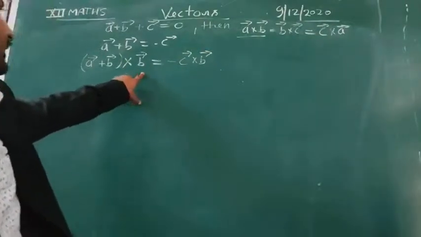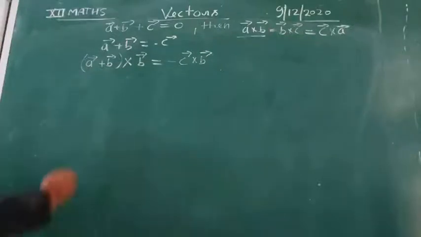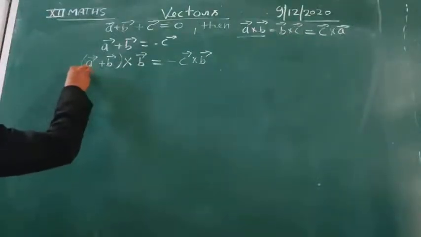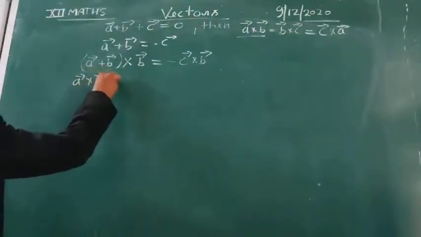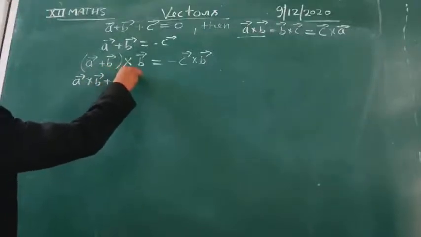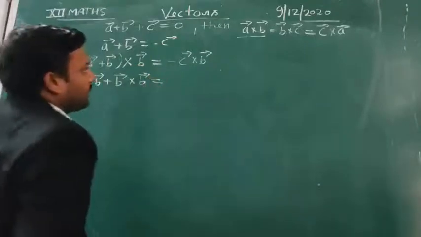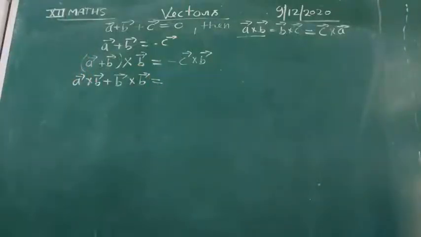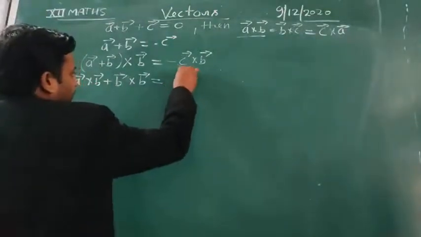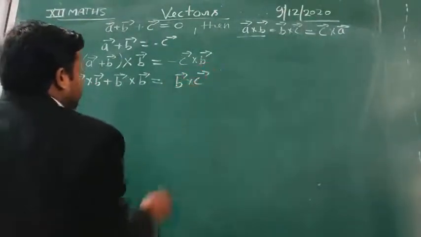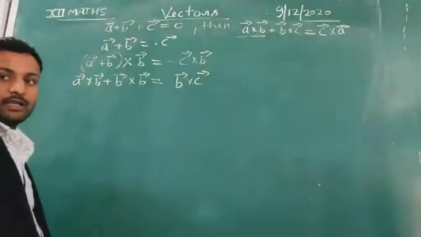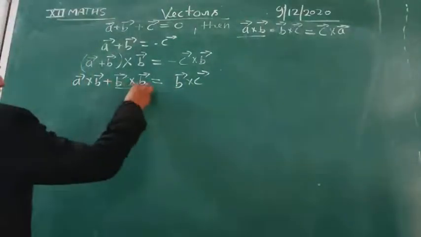Okay, now we multiply inside the bracket, we get A cross B plus B cross B, and this is C cross B with negative sign, so we can write this B cross C, and this negative sign will be removed, and this will be what, 0.